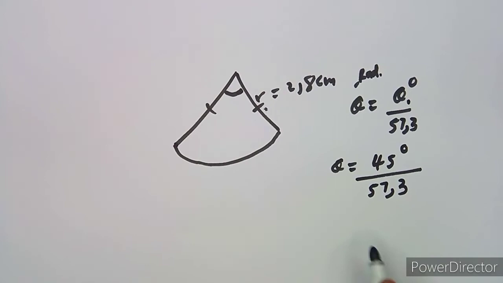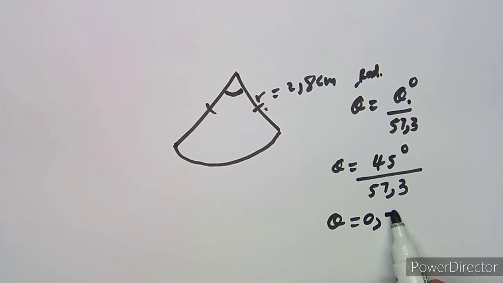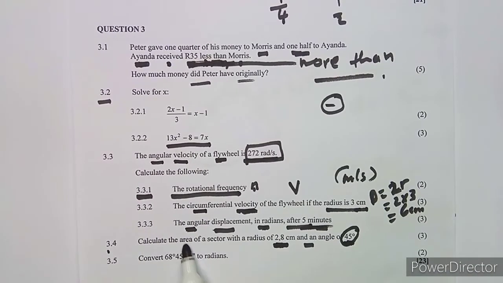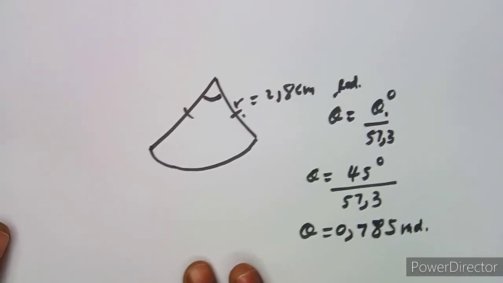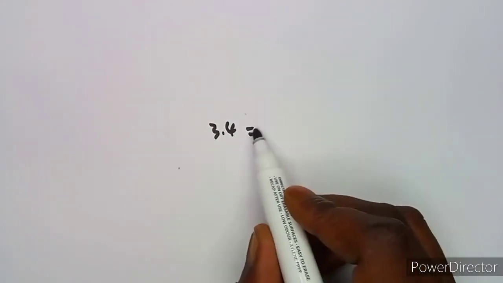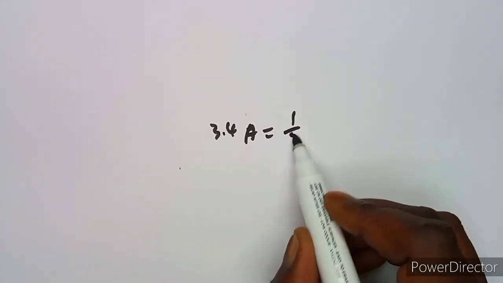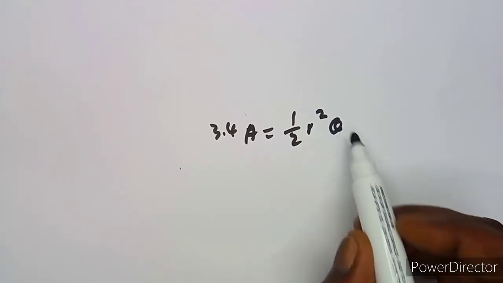So it's best for you to have your theta in radians. Definitely you have to use it in radians, which is going to give you 0.785 rad, something like that, to 3 decimal places. All right, so the question here is to calculate the area of the sector. Remember area is equivalent to half r squared theta.